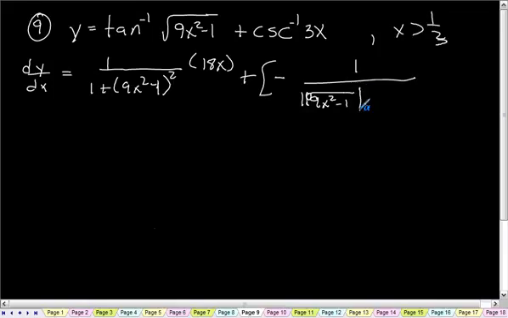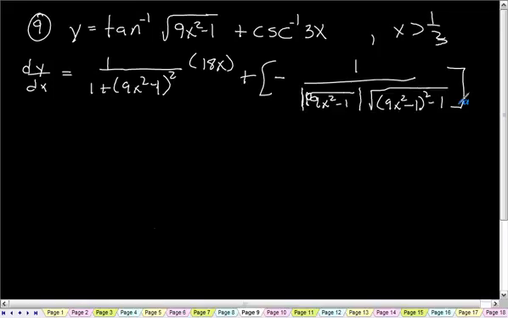Inside the radical, there's the absolute value times the radical of 9x squared minus 1, that squared minus 1, all in the radical. That's the derivative all plugged in.